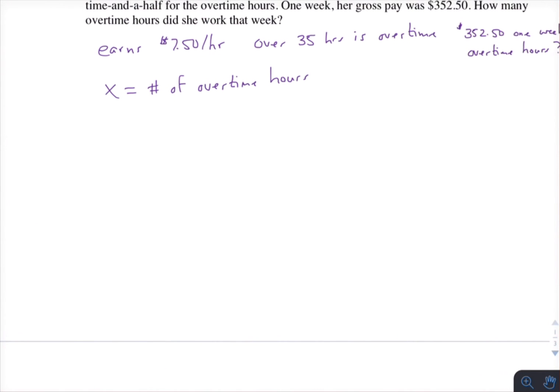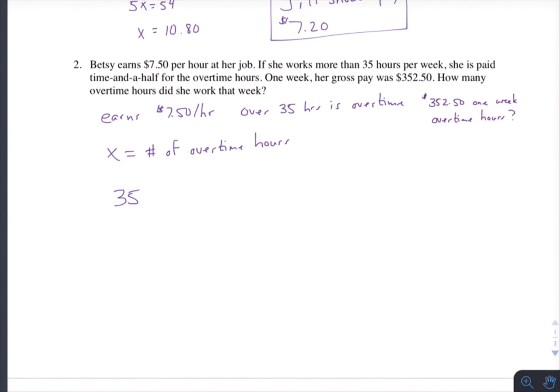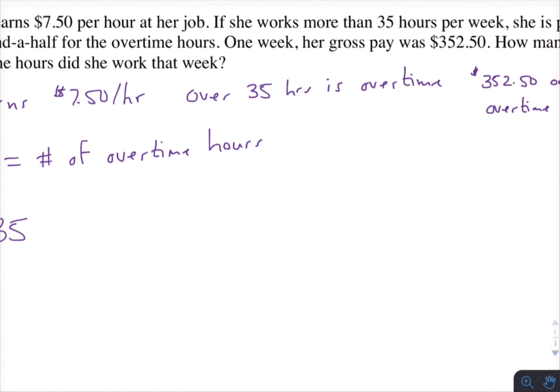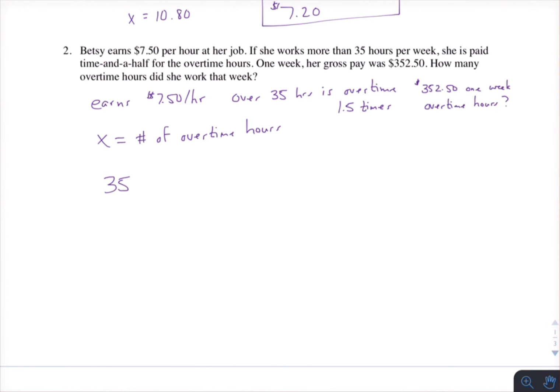So from that, our equation is going to be 35 hours. Oh, I guess we're missing a piece of information. So overtime is 1.5 times, which is what we mean by time and a half.